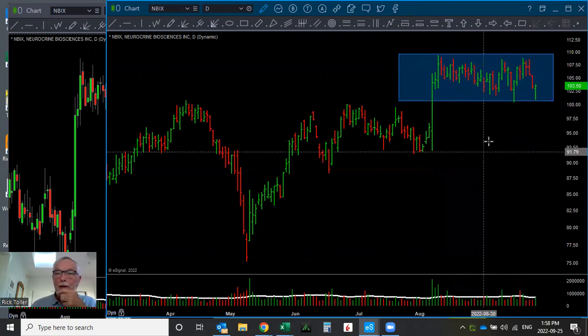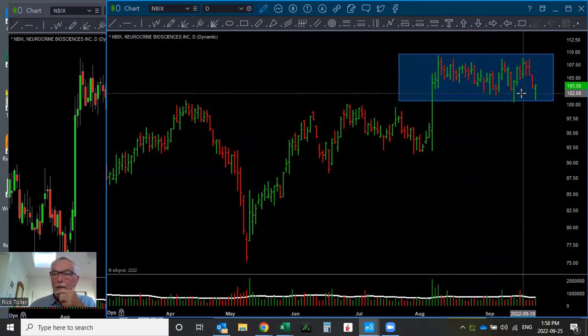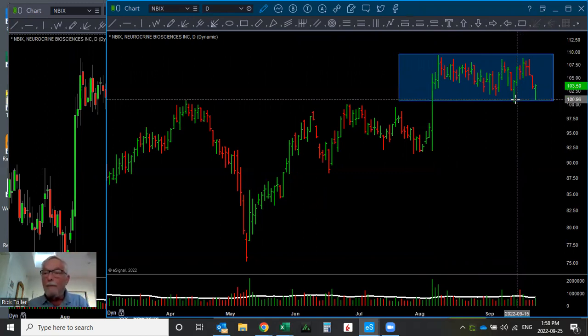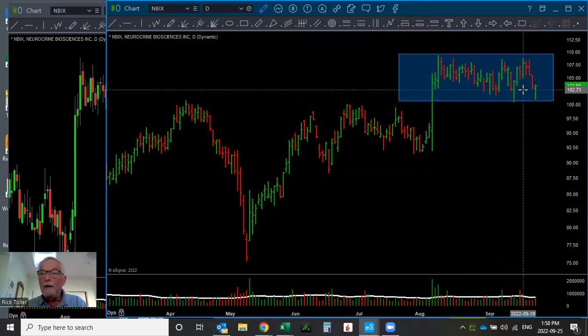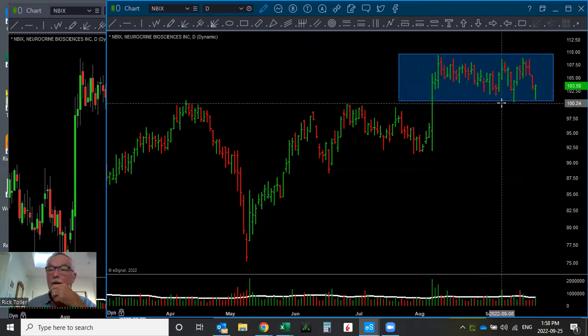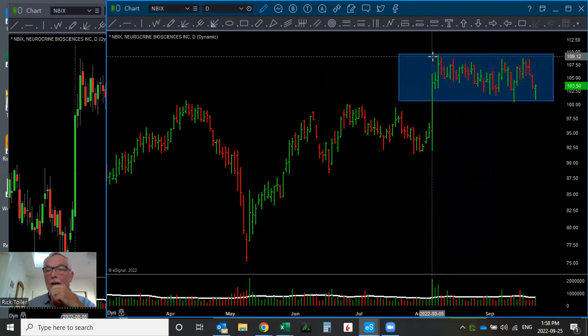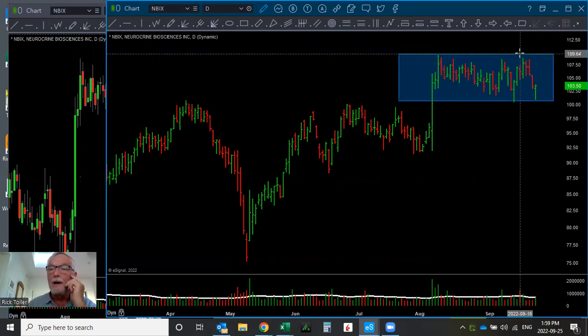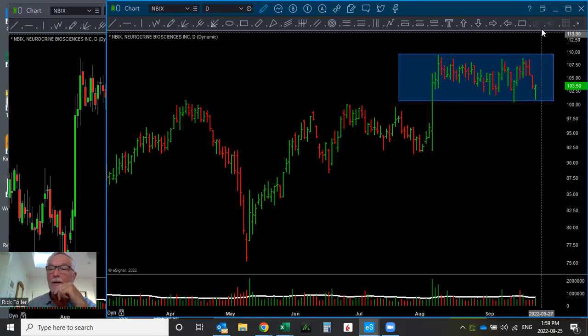From a trading perspective, I bought some here at, I can't remember my entry price, 102, 103 right here, with a stop down here. So I can have a relatively low risk stop. The safest buy would be if it goes above the high of 109.29. If it goes above 109, certainly above 110, that's a safer buy, because odds are pretty good this is going to continue to go up.